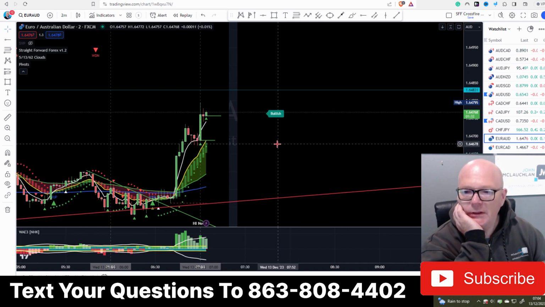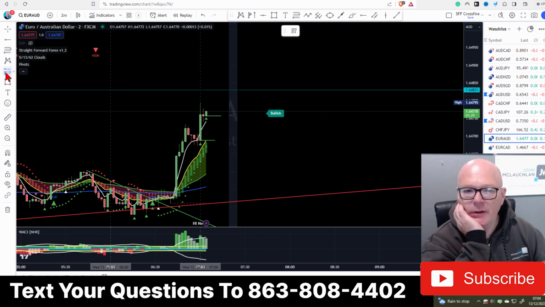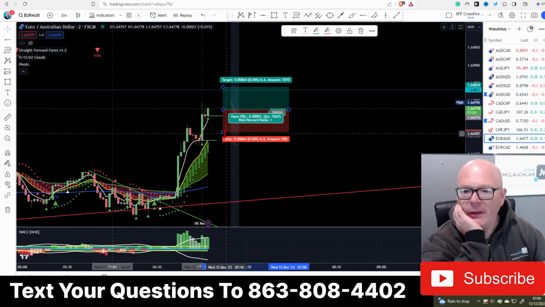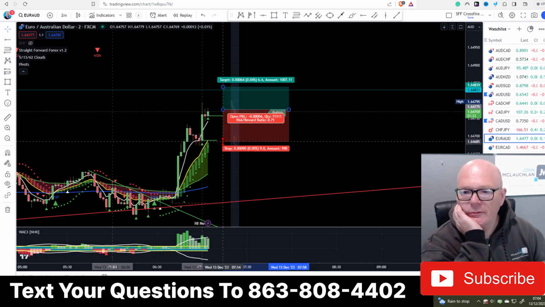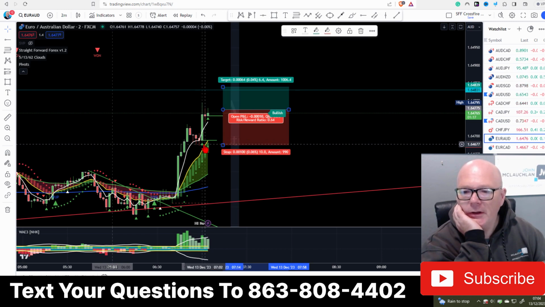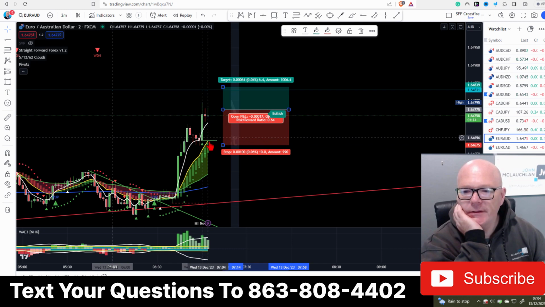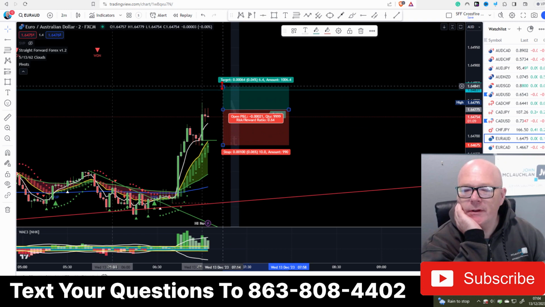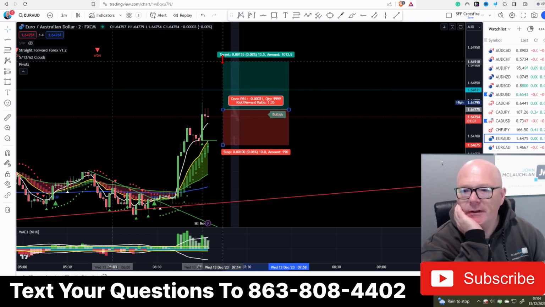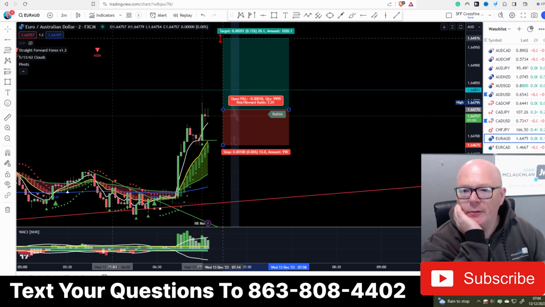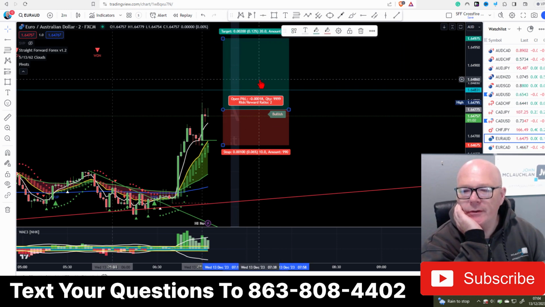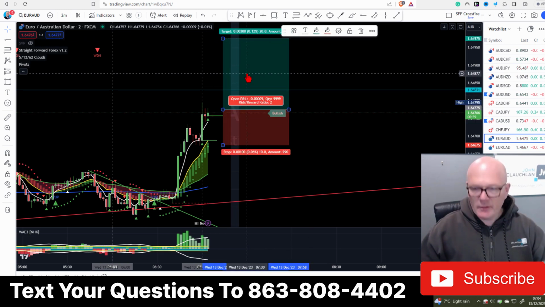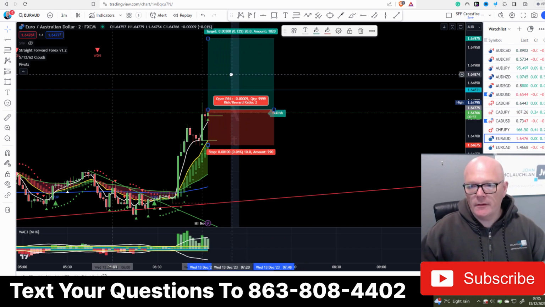If we went long on this, our stop loss would be just below here, probably just below the engulfing, because this is a manipulatory candle, done at the time of the news, so not the best trade, and we're not going to get in this. But just if we were, we're looking for a 1 to 2. In fact, let me hit the shift key and bring that over to there.